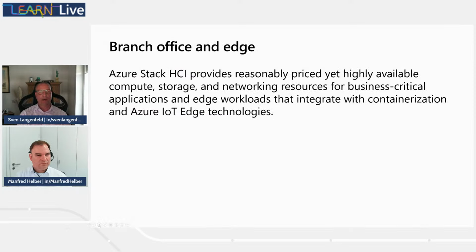So let's start with branch, office, and edge. So what does this mean? So Azure Stack HCI is something we sell very often at the moment in retail and manufacturing space, for example.